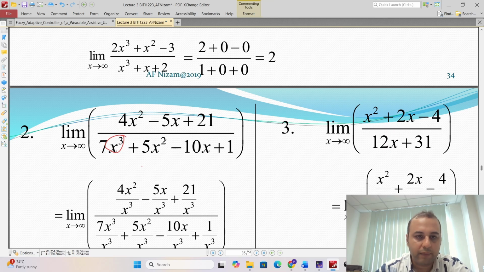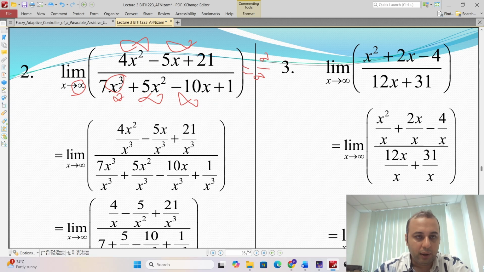If we simply substitute x, we'll have infinity over infinity. Why? Because this is infinity, this is infinity, this term is infinity, right? Infinity plus 21 is infinity, right? Infinity plus 1 is infinity. So infinity over infinity. But we have x^3 in the downside. This is the highest power.